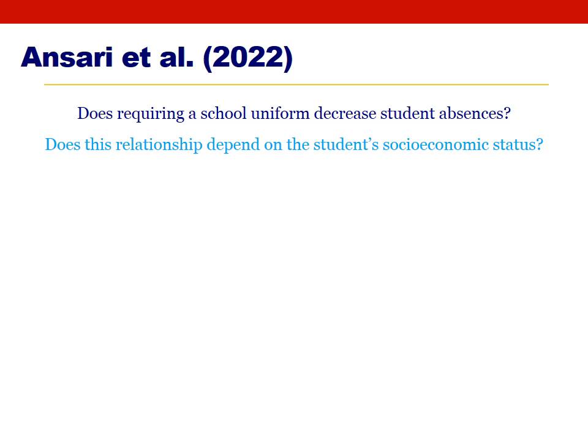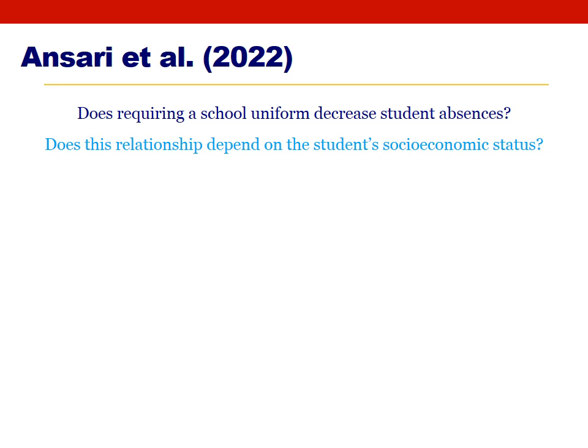Let's look at a few other conceptual examples of factorial designs and talk about the main effects and interactions that we might find in studies like these. In one recent study, they wanted to see what factors influence attendance rates at high schools.